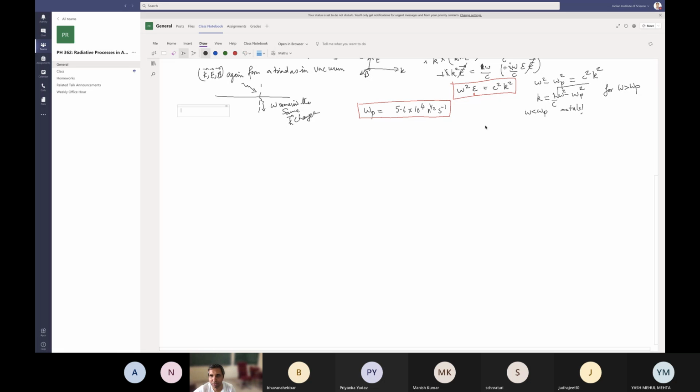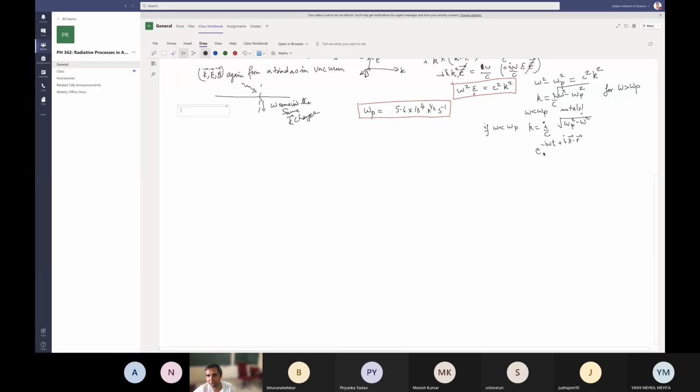So if omega is less than omega p, what we have is k is equal to i by c times the square root of omega p squared minus omega squared. Now this quantity in the square root is positive, and we have e to the minus i omega t plus i k dot r.